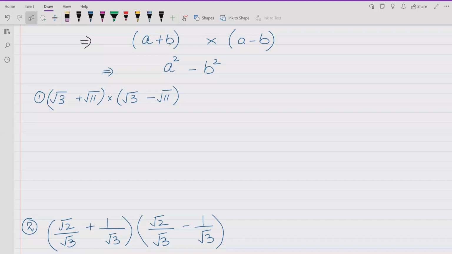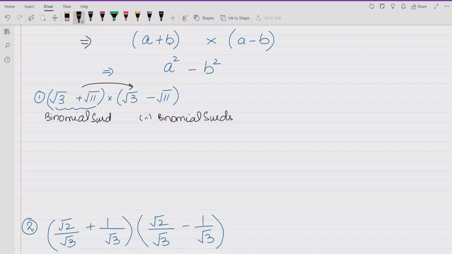The first question is root 3 plus root 11 multiplied by root 3 minus root 11. These are basically binomial surds. This one is one binomial surd and this one is the other binomial surd. But the main thing is both are conjugates, because they have different signs.